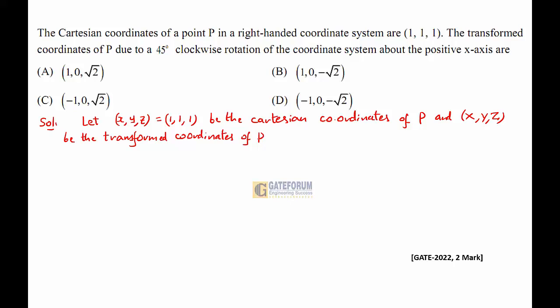Transformed coordinates of P. So that means the original axes x, y, z are rotated through an angle of 45 degrees in the clockwise direction. Okay, so this is given as clockwise. Usually that rotation angle is denoted by theta, theta is equal to 45 degrees.